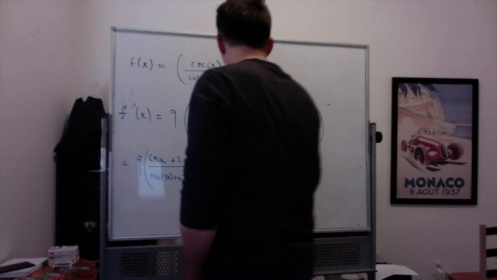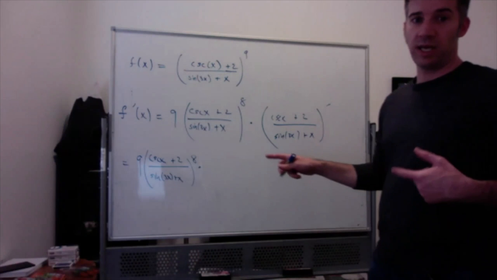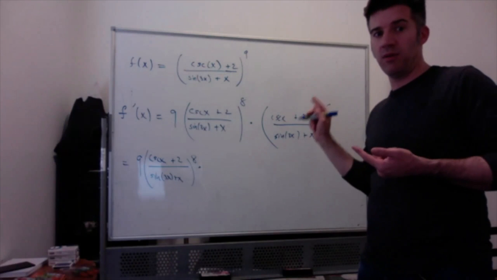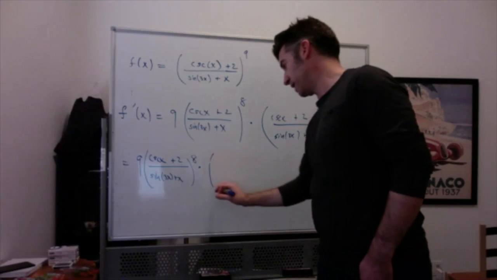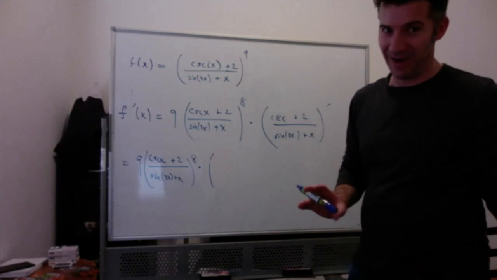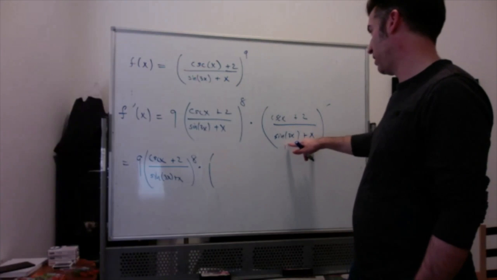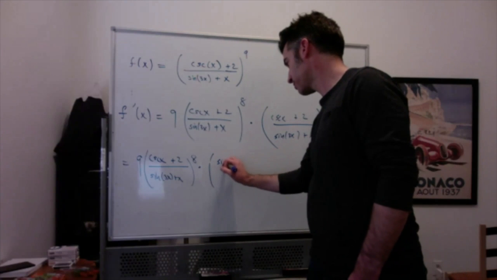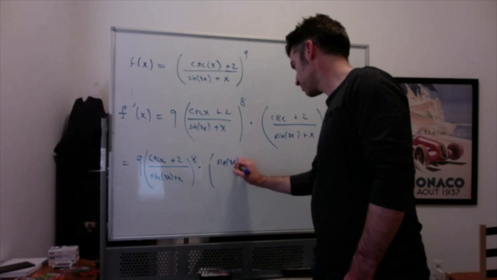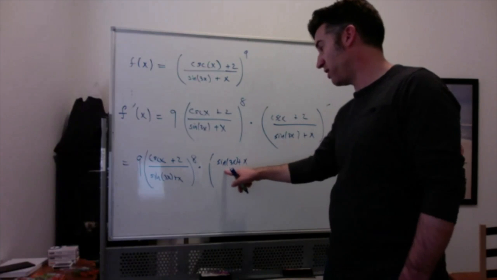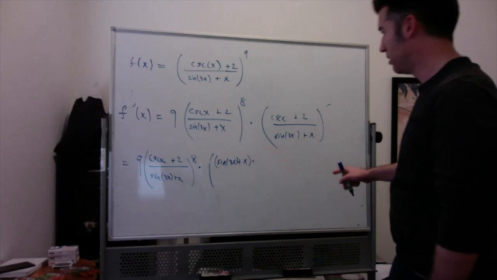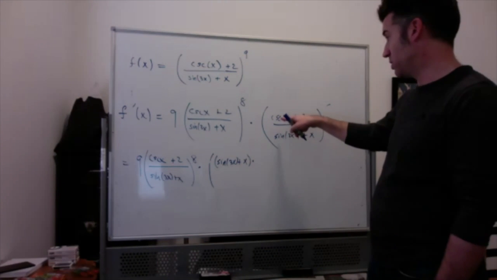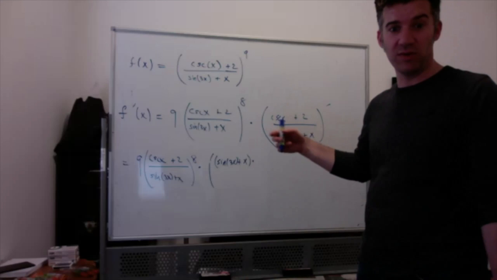And then we're going to do the derivative of this, which again, it's the derivative of the top times the bottom minus the top times the derivative of the bottom over the bottom squared. Or as I actually say, it's the bottom times the derivative of the top. So the bottom is sine of 3x plus x. And since there's more than one thing, I have to put that in parentheses because I'm going to multiply it by the derivative of the top, which is, derivative of cosecant x is negative cosecant x cotangent x.